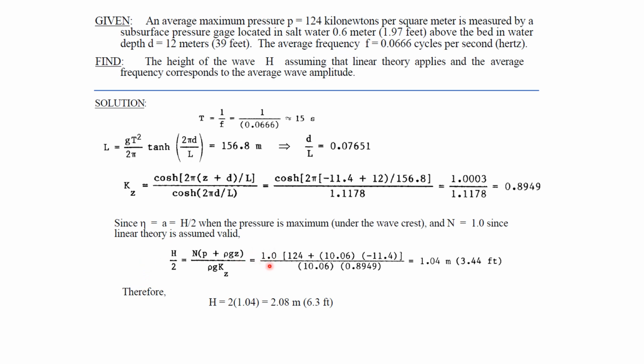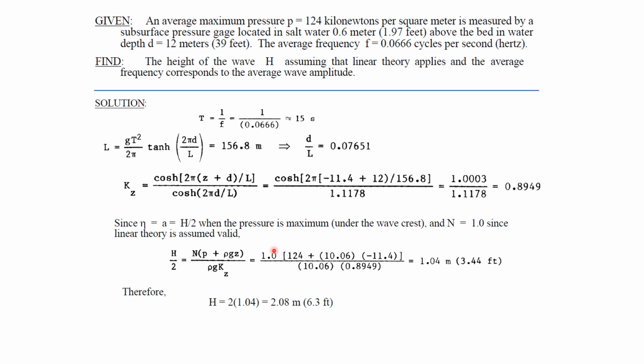Rho is the seawater density, then g, and then z is negative 11.4, because we have a 12 meter deep water and the pressure gauge is located 0.6 meter above the bed, so it is 11.4 meter below the still water surface. That's why it is negative. And then we have rho g and K from here.